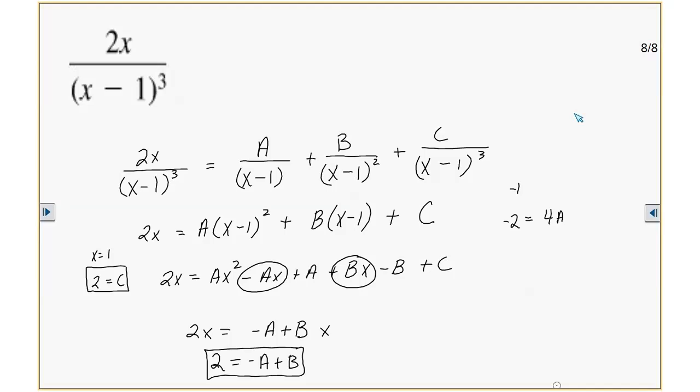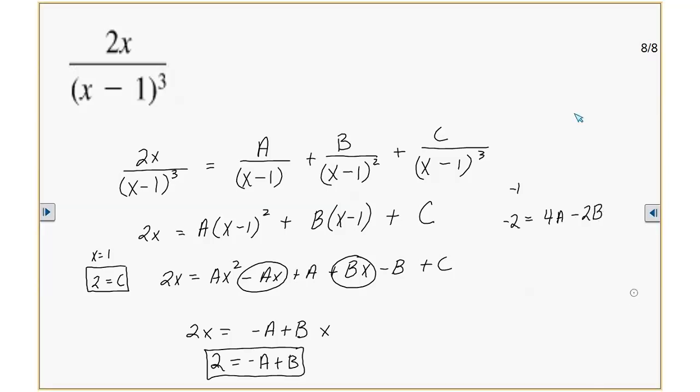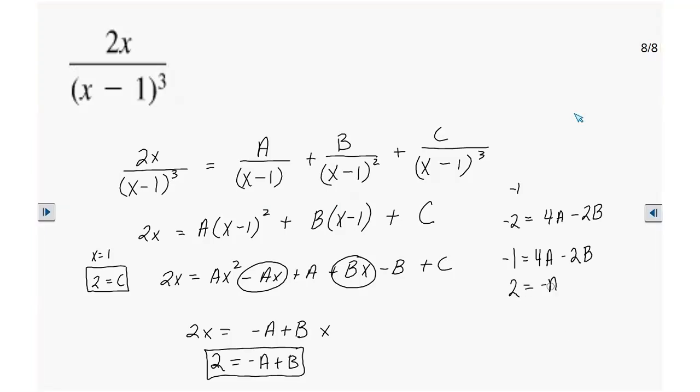And then negative 1 times b is negative 2b minus 1. That minus 1 will come over here, so negative 1 is equal to 4a minus 2b. And now I've got that and this. Let's see what happens. 2 is equal to negative a plus b.